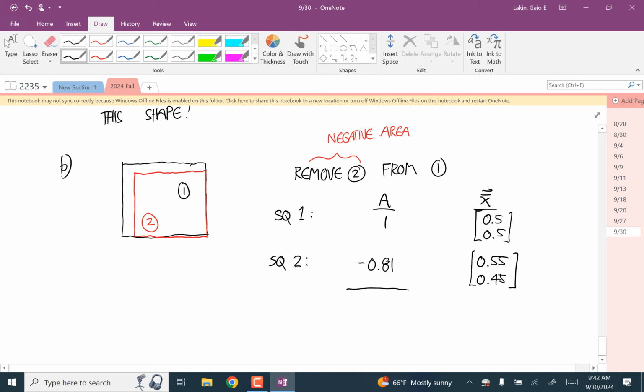And now to get the total area, this is going to be 1 minus 0.81 or 0.19, same area as we had before.